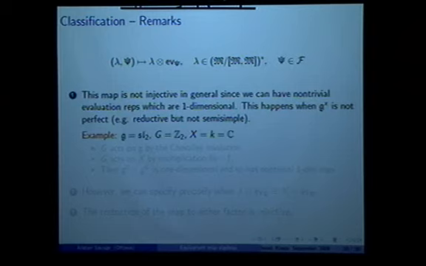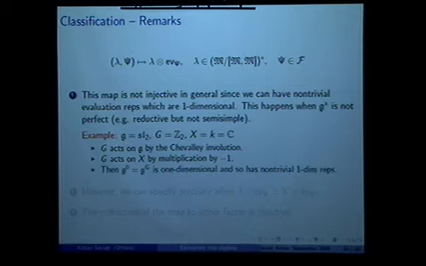A simple example of that is if we took our Lie algebra to be sl2, our group to be Z2, and our variety just to be C. Then we could have G act on the Lie algebra by the Chevalley involution, and act on the variety by multiplication by -1. The point 0 is fixed by this action.